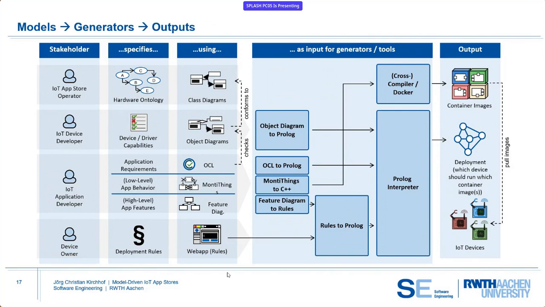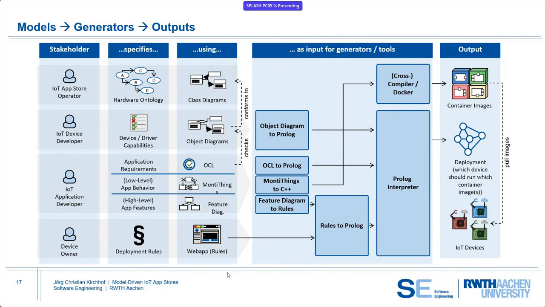He also can define some high-level features, for example, that there's a certain security component and a certain light control component, and these can then be used to later on give the device owner a more abstract view of the application, so that he doesn't need to look into the actual application code, but just can select the features that he wants instead of specific pieces of software. And he also defines the application requirements using OCL statements, so the technical requirements of each component.